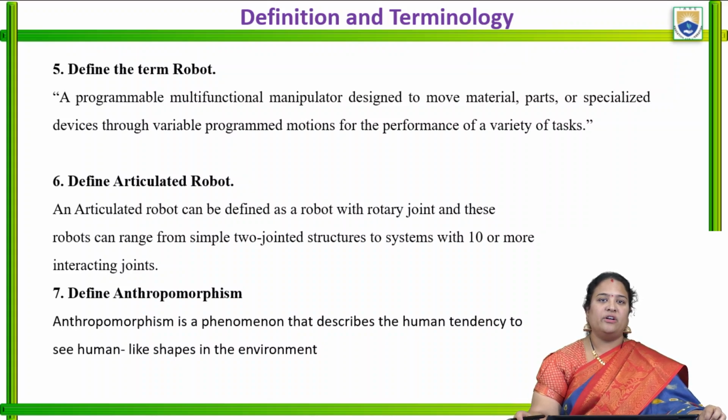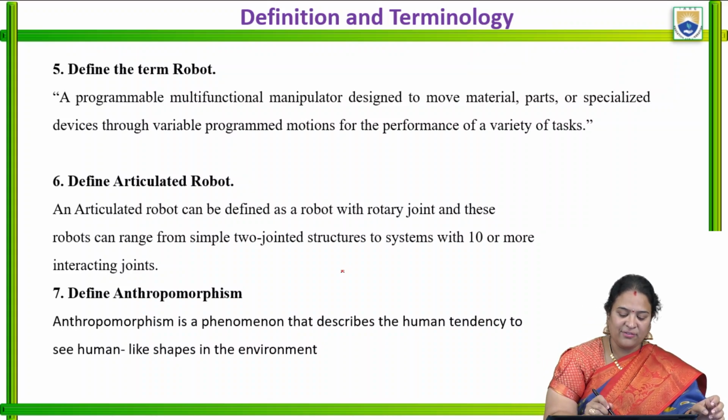Define articulated robot. What do we mean by articulated robot? Yes, most of them have no idea. What is an articulated robot? Right? An articulated robot is defined as a robot with rotary joints, where these robots can range from a simple two-joint structure to ten or more interacting joints.